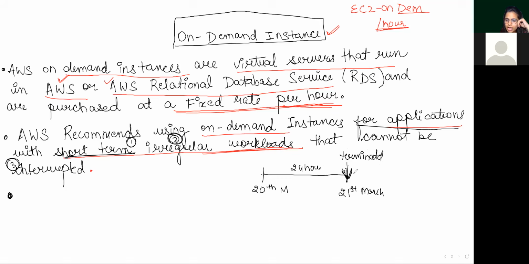As soon as you terminate, they will only charge for the hours you have used before termination. They will not charge you for any other hours. So if you terminate in between hours, you don't have to specify a date on which you want to terminate.